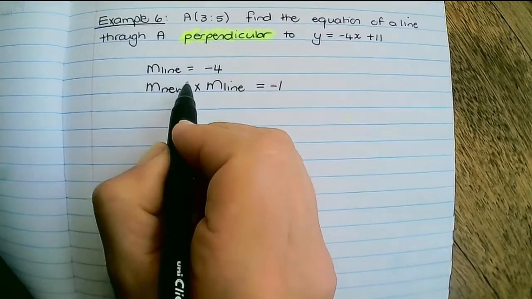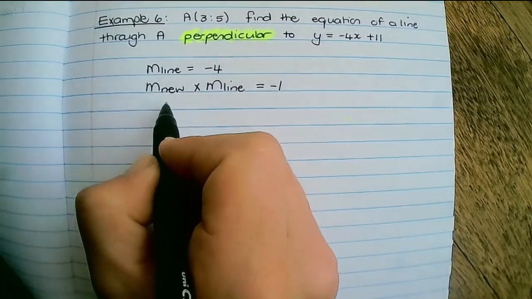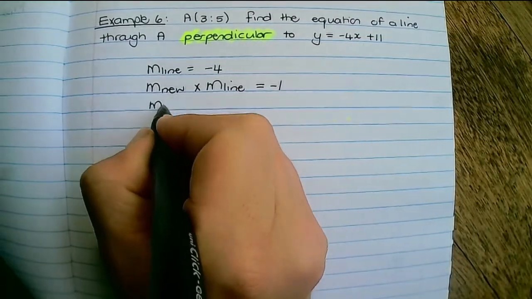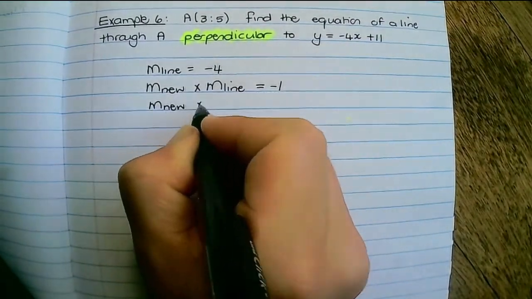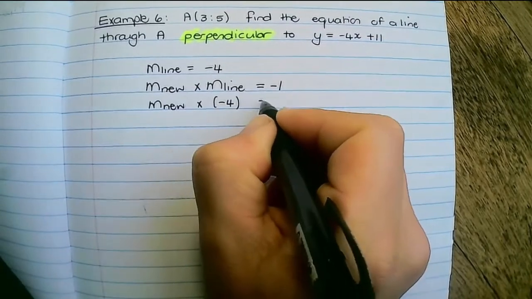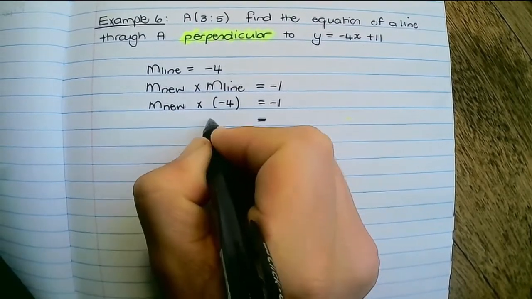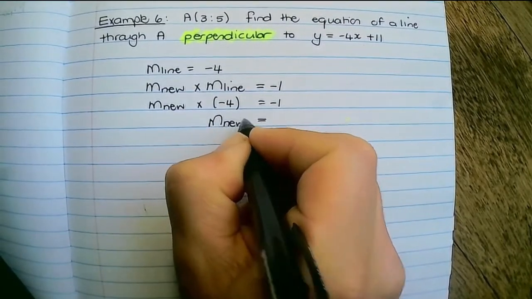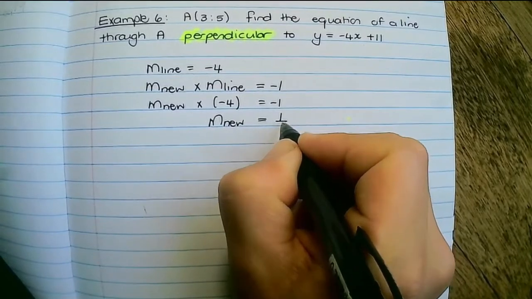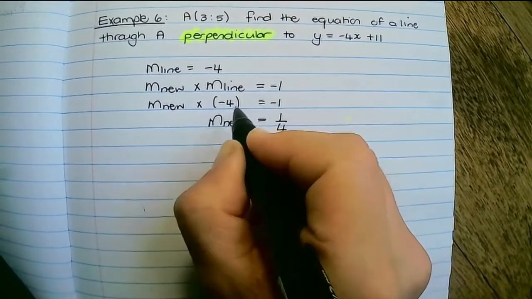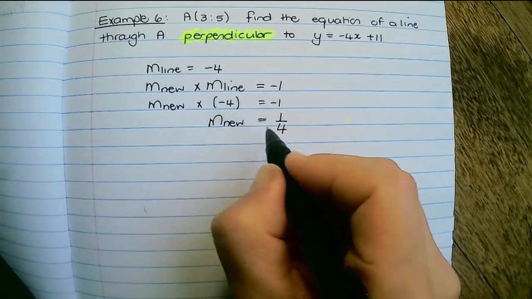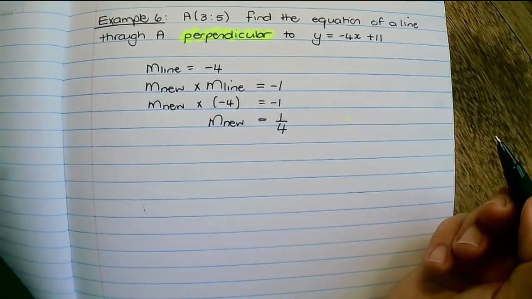So now I want to find the gradient of the new line. So I substitute the negative 4 in there, and then I find that the gradient of the new line is equal to a quarter. So it's negative 1 divided by negative 4, and that becomes 1/4.